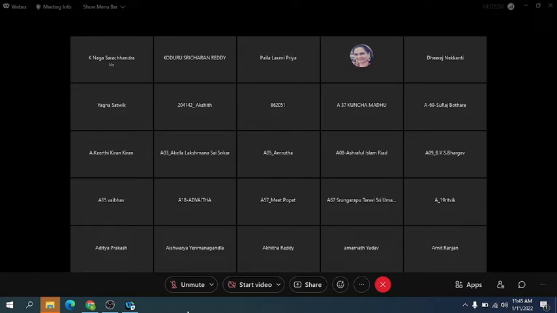Next one. Implementation of 2-bit BCD adder. So all these are using the structural style of modeling.